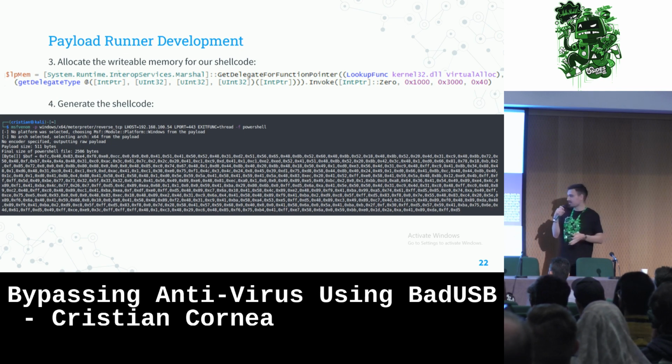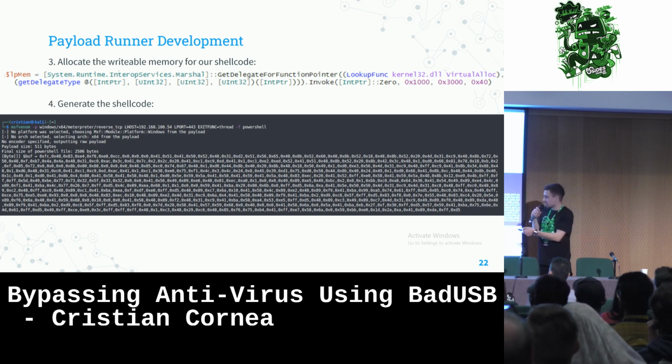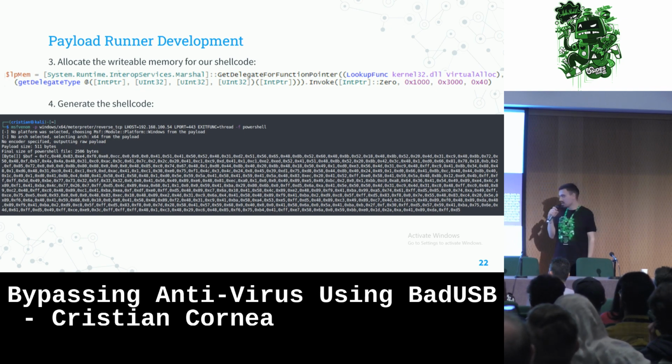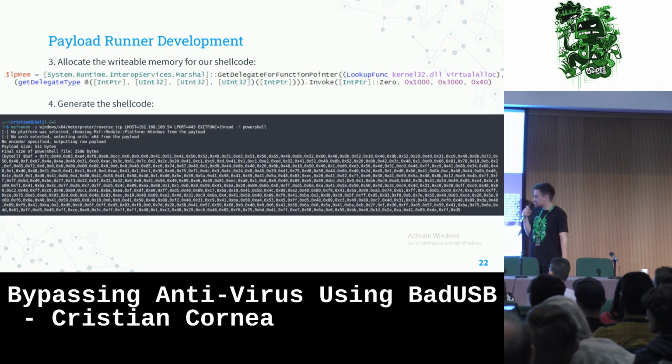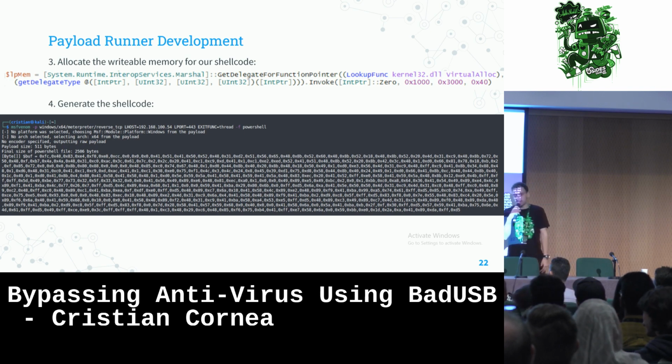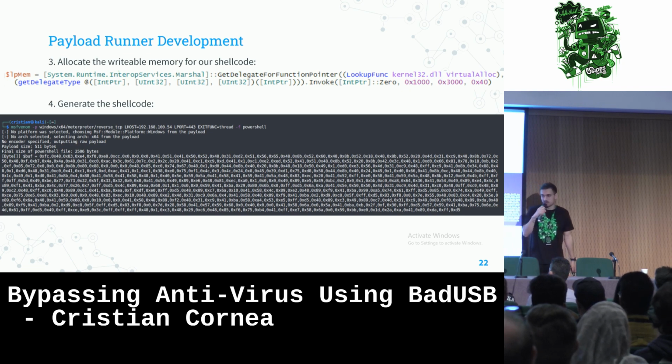Do not allocate less space because obviously the shellcode will not run. And here, for the purpose of this demonstration, we will use a Windows x64 Meterpreter reverse TCP. So pretty easy to catch by any antiviruses, pretty detectable by any solutions. And it's also plain text, so behavior detection should catch it very, very easily.